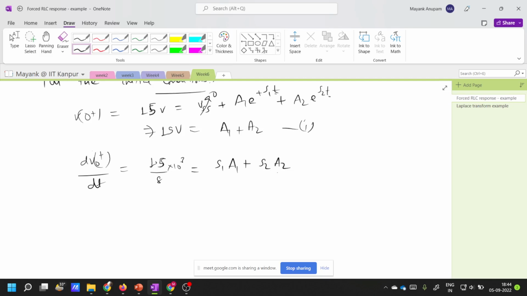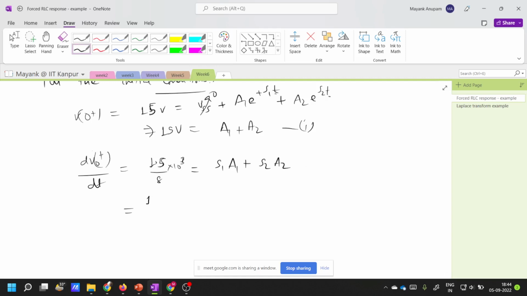Okay, so what will this be equal to? So S1 and S2, you know, right? You can calculate it from here. So calculate it, I don't want to do it. Yeah, S1 and S2 have been calculated. So find out the values of A1 and A2 with these two equations.